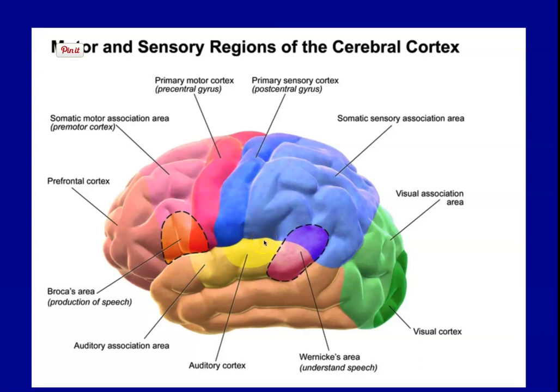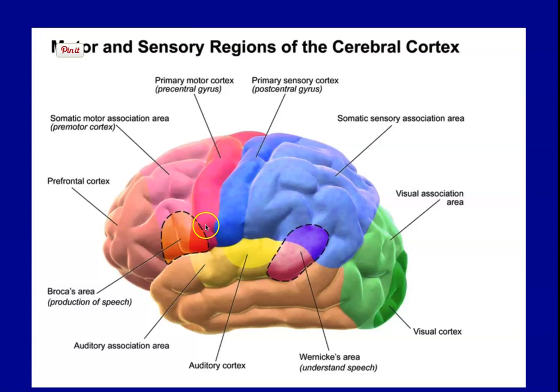Information from audition or hearing comes into this region first, and then it goes out to the auditory association area to be processed. So it makes sense that understanding speech is right here, right next door to it, because this all works together, this system here. Now, people that have trouble, if you get a stroke, for example, that impacts this area, the person won't be able to understand speech. If you have a stroke that impacts this area, the person won't be able to produce speech.